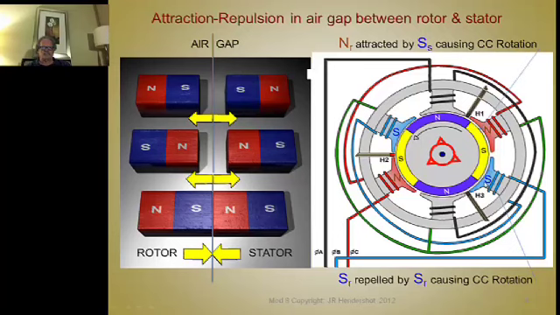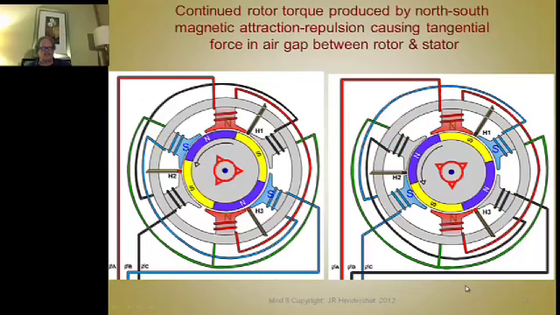So on this side, on this pole, we have this south pole repelling the south pole on the rotor. And as it's repelling, it's starting to attract this north pole. So the south pole wants to align itself on this north pole, and this north pole wants to align itself on the south pole. But when it gets in that position, what we do is we start to commutate it.